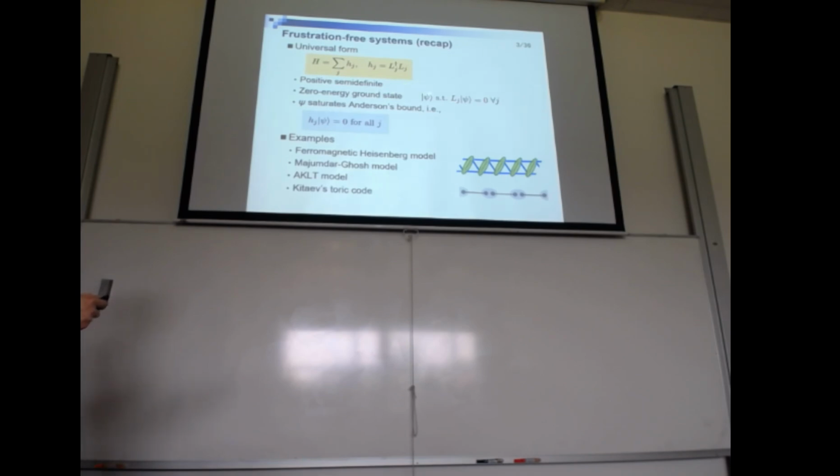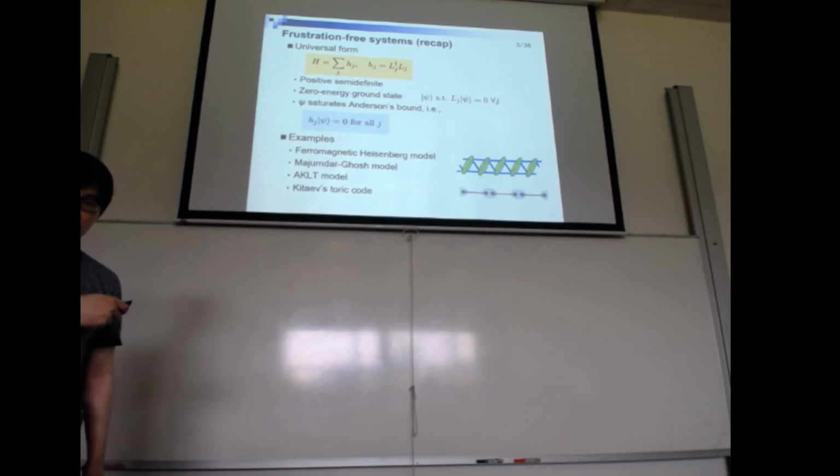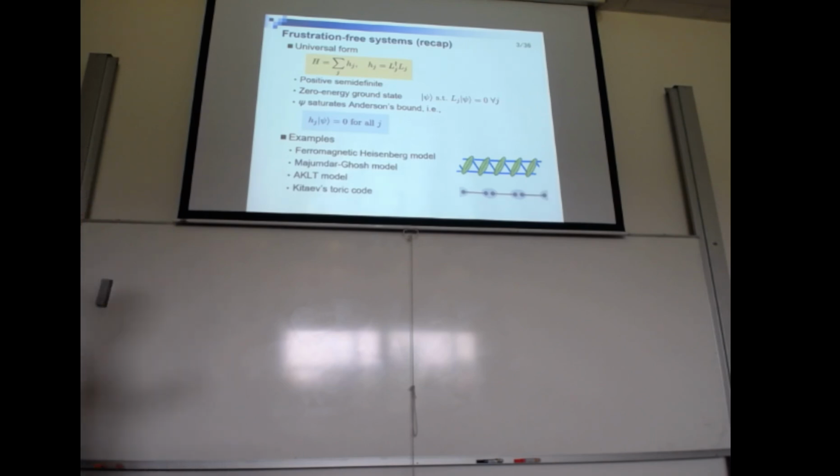This zero energy state psi saturates Anderson's bound, which means any h_j annihilates this psi. I took you through several important examples, like the ferromagnetic Heisenberg model and the Majumdar-Ghosh model, for which the ground state looks like this. It's a dimer covering state. I also introduced the AKLT model, for which the ground state looks like this, and this model is a representative example of symmetry protected topological phases. And I also introduced the Kitaev toric code on the first day.